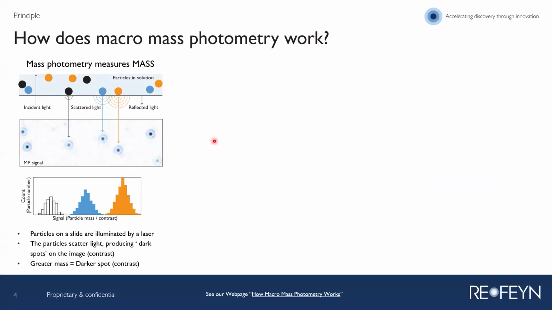So how does mass photometry differ from macro mass photometry? Mass photometry is a single molecule analysis tool which measures the mass of a particle with light. As you can see in the image here, particles in solution are illuminated by a laser. Once illuminated, they scatter light and produce a contrast image, which is nothing but the darker spots you see on this image.